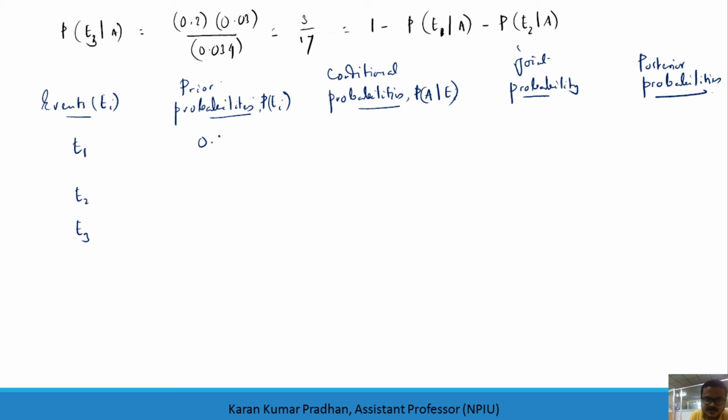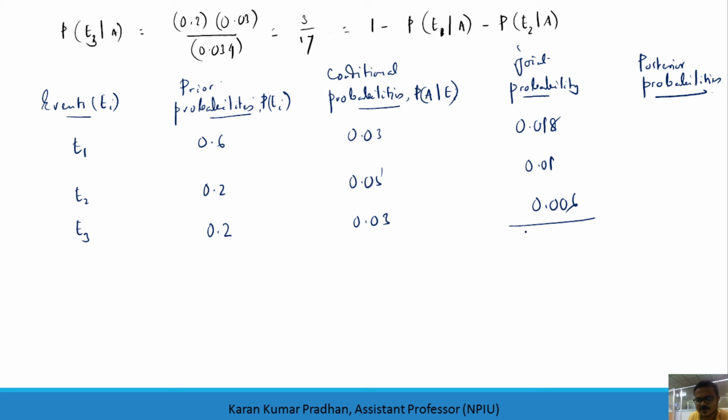The prior probabilities are given as 0.6, 0.2 and 0.2, right? So here the conditional probabilities are given as 0.03, 0.05 and 0.03, right? So here you will get 0.018, 0.01 and 0.006, right?